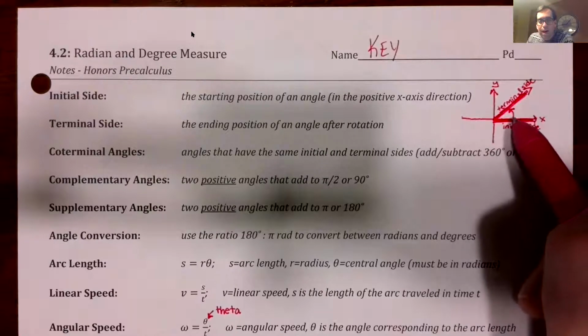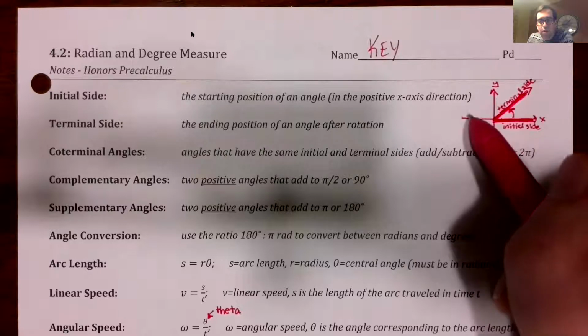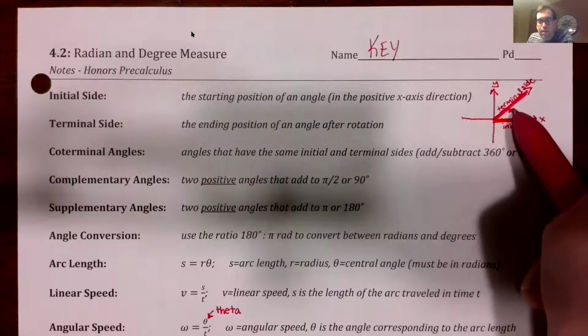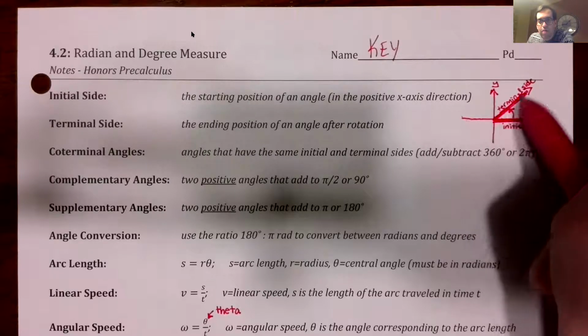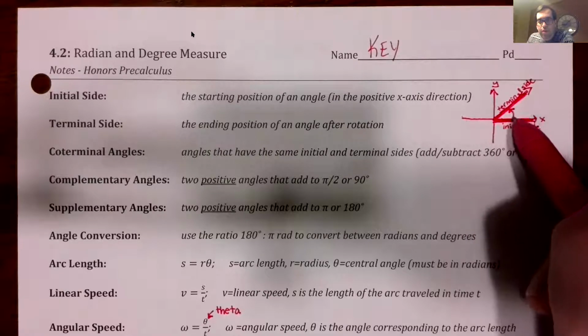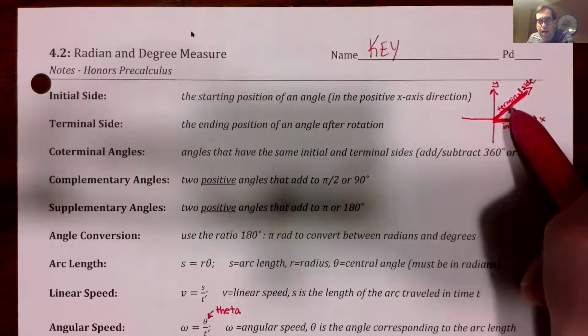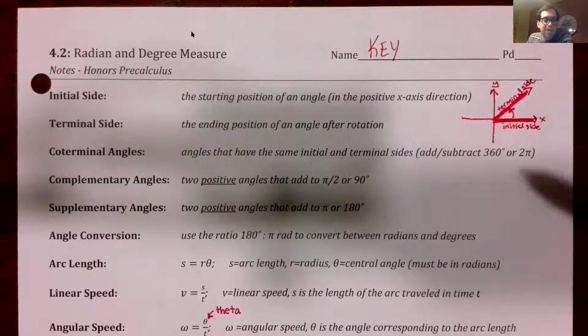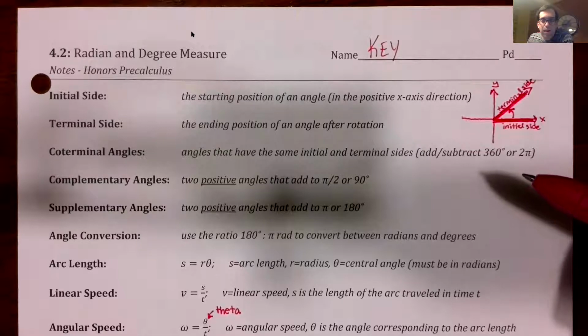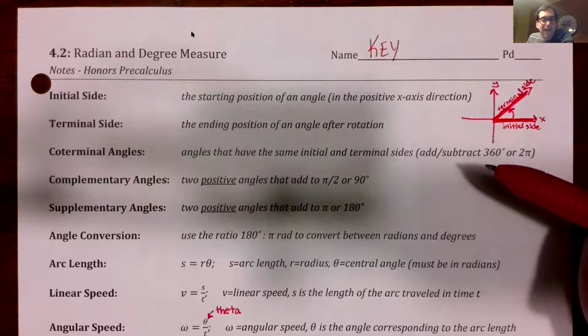We can also have an angle that's bigger than 360 degrees, and it just kind of loops around more than once on our shape. So like this terminal side could be the terminal side for this small angle, but also if we went all the way around and then to that angle, that would still be the same terminal side, but it'd be a much bigger angle, right? You'd have to add 360 degrees to the angle.